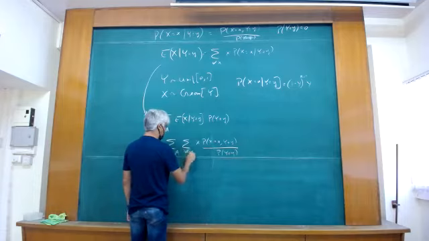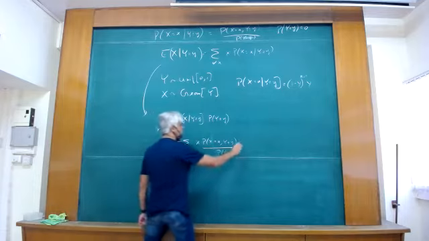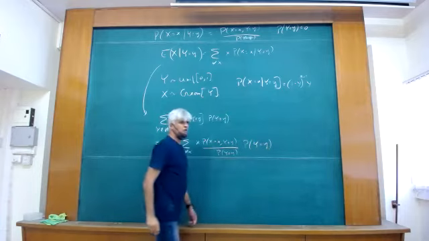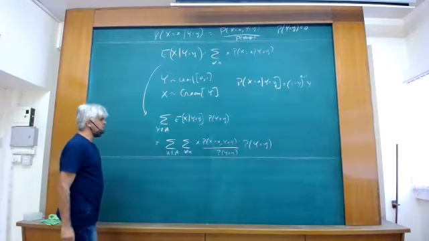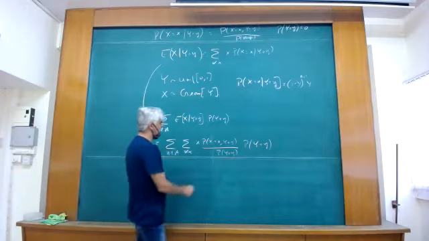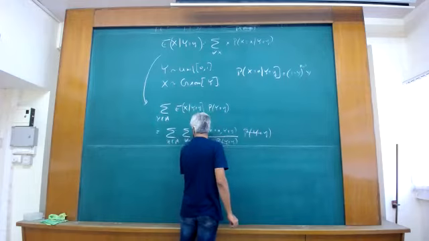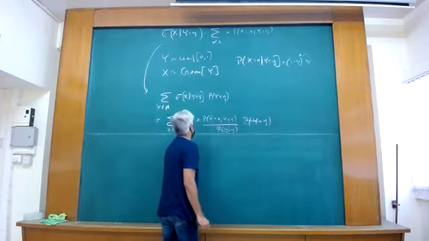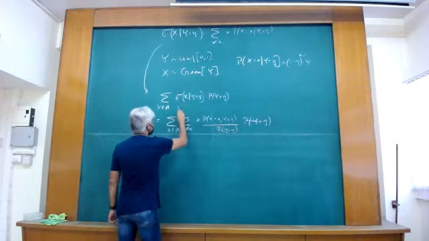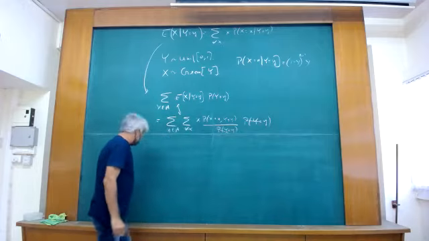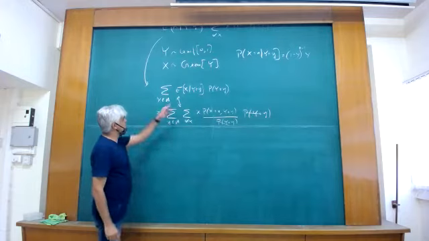This is all in a setting where the denominators are positive. And then you observe that you have this identity. The way we define conditional expectation, this relationship is true.